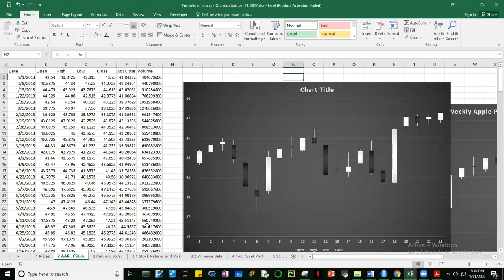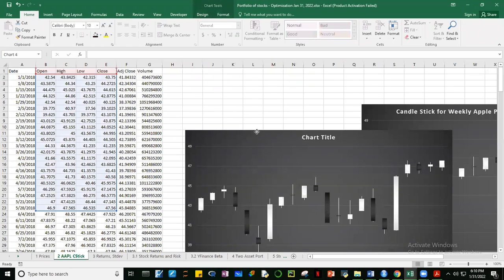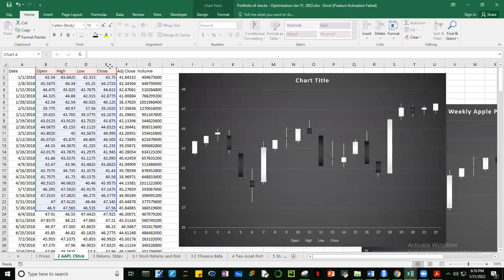So what we did last time was we also learned how to plot using Apple open, high, low, close, which is the data that we get when we download from Yahoo Finance. We learned how to plot the open, high, low, close using Excel, the candlestick.